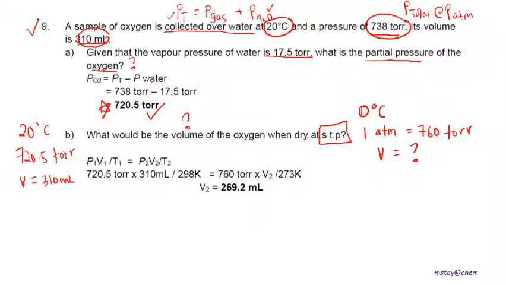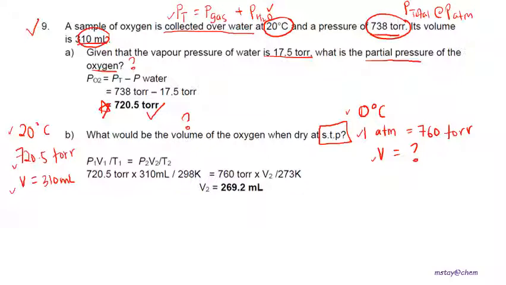From here we notice that temperature is changing, pressure is also changing, and volume might be changing as well. When we have values like this, we can use Avogadro's law, Boyle's law, Charles' law, or the combined gas law. But if we use the ABC laws, there are supposed to be two other parameters kept constant, whereas here only one parameter is kept constant, which is the amount of the gas.